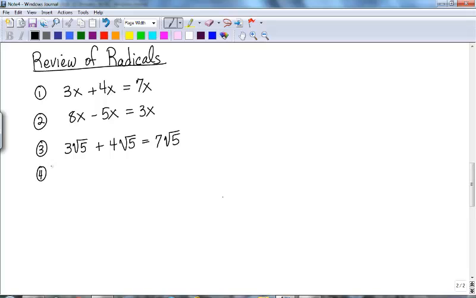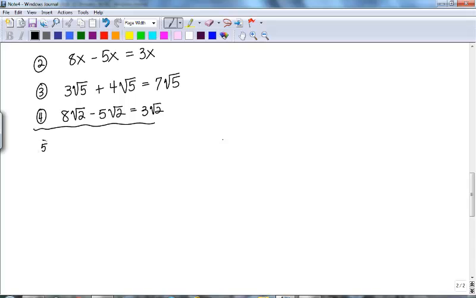To be able to do that, the radicals have to be the same. If I have 8 radical 2 minus 5 radical 2, as long as those radicals are both the same, combine the numbers in front. So 3 radical 2. That's for the adding or subtracting. That's just combining like terms. Don't make that hard.